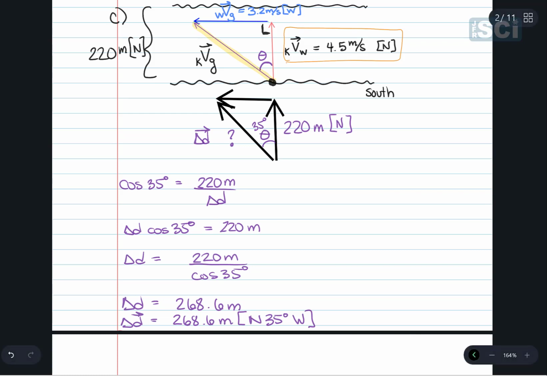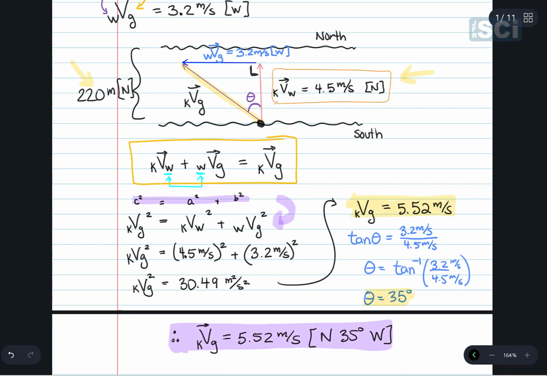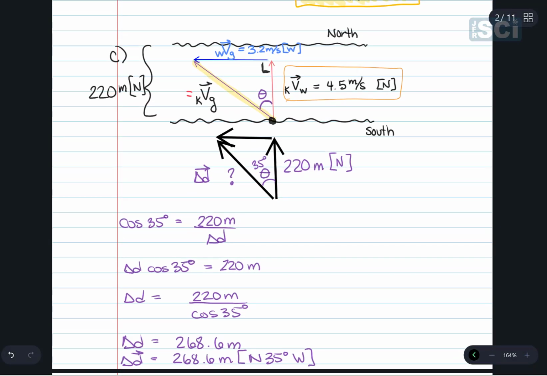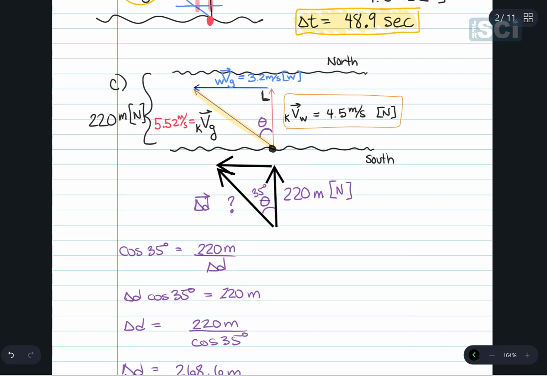We know from part A that this speed was 5.52 meters a second, and it was in that direction of 35. And the time to get across the river was 48.9 seconds.